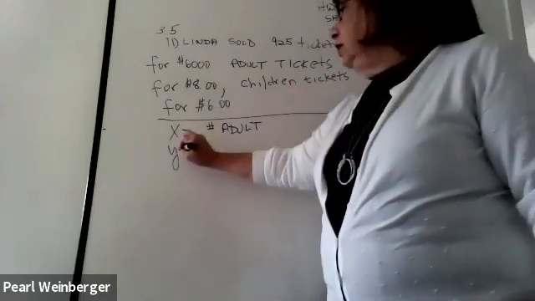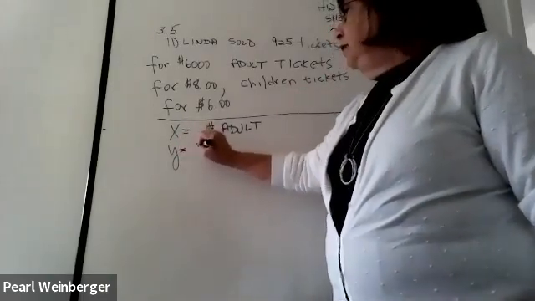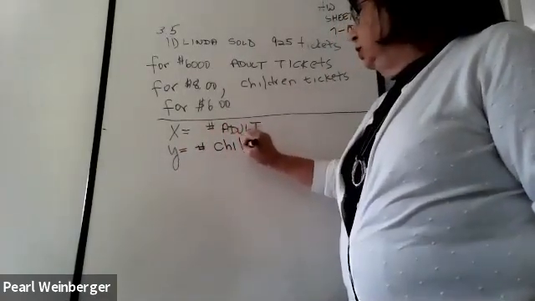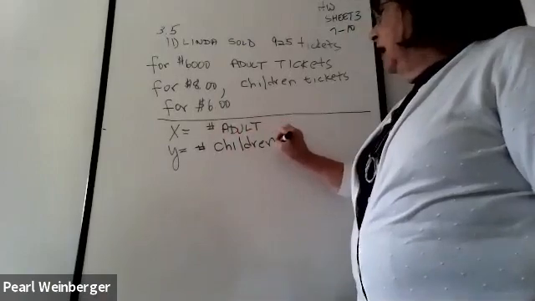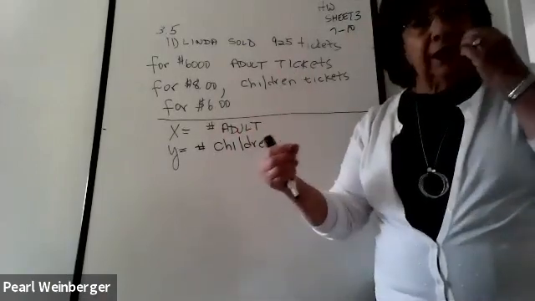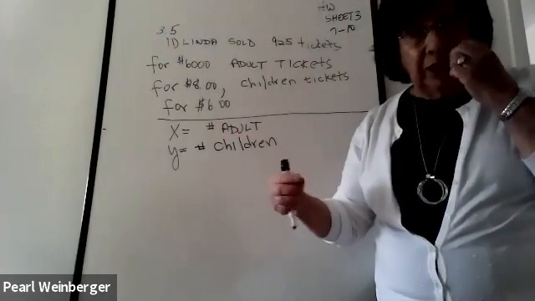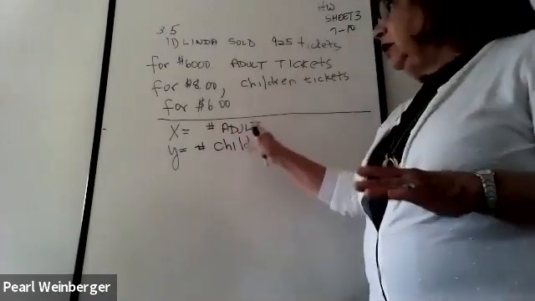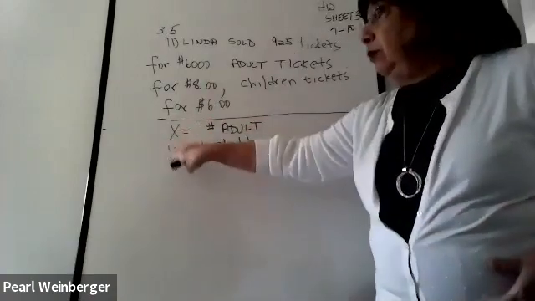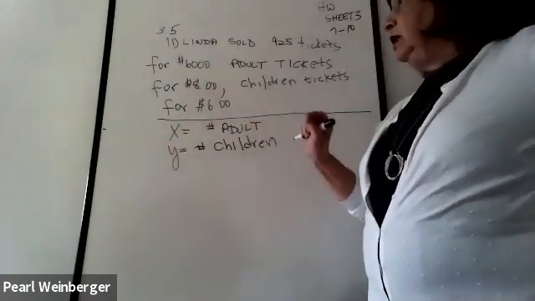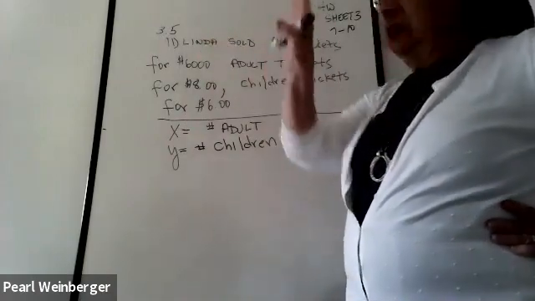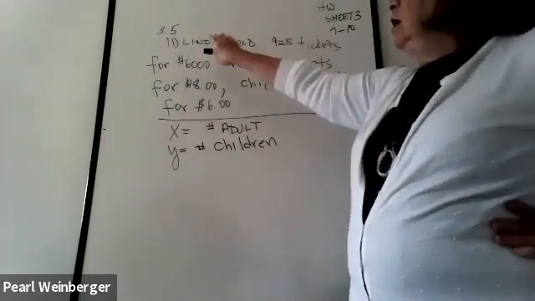Our second question is the number of children's tickets that she sold. So here are my two variables. I look at what I'm asked for and use that to decide what my variables will be. My two variables are X, meaning how many adult tickets were sold, and Y, which is how many children's tickets were sold.